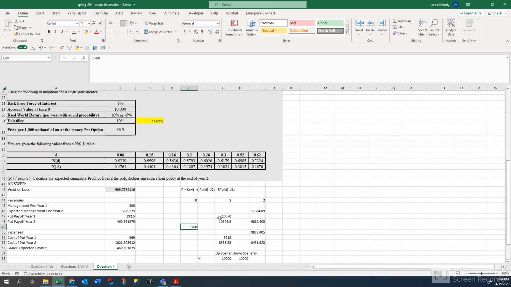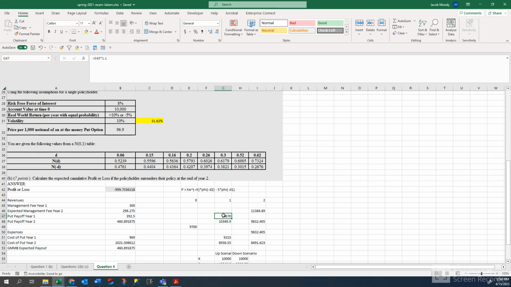And then at time 1, I have this increasing with the real world rate of return. So it's a binomial tree. So increasing by 10%, or I decrease by 5%. So there's my values there. And then at the beginning of the first year, I need to pay another management fee.